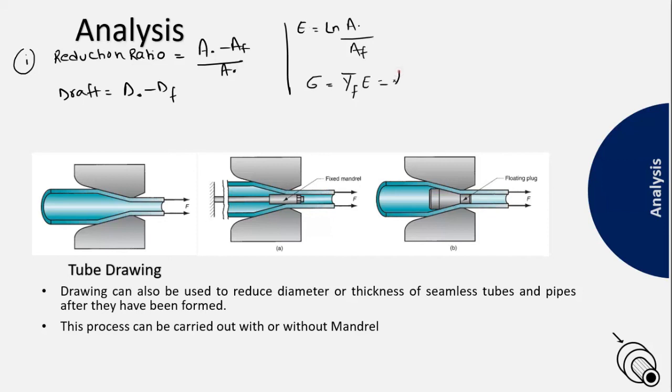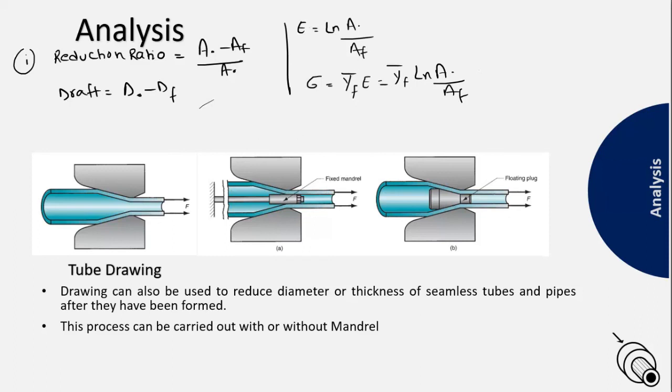That flow stress will be the average flow stress, because there is no impact load involved in the drawing operation; rather, we are applying the pressure or the force over a long period of time. So we have Yf times ln of A0 by Af. We won't go into much detail for the drawing operation, we will just stick to here. You know how to calculate the strain, the draft and the reduction ratio.